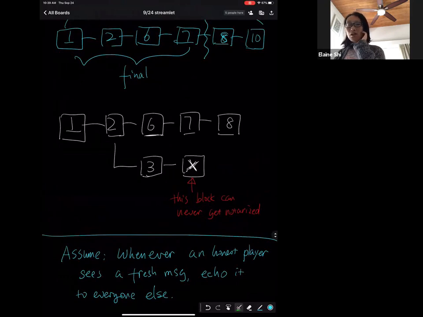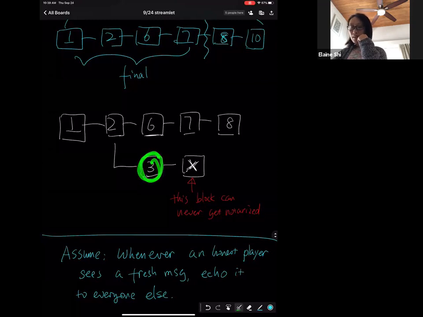Yeah, it's local, right? Everyone's making local decisions. I don't know your view. I only know my view. Yeah. So let's say I received the 6th epoch first, and then when I received the 3rd epoch, it's not extending from the longest notarized chain I'm seeing, right? I mean, the three is the earlier epoch, right?